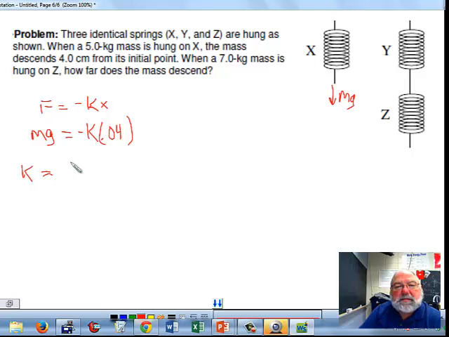Okay, so k is equal to mg, 5, and I'm going to use 10 for g to make life easier, over 0.04. Okay, now let's go ahead and pull the calculator up again.